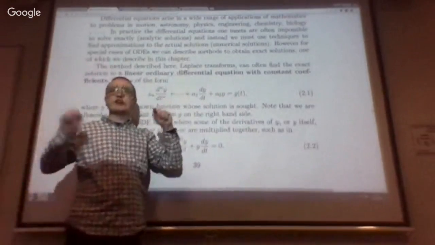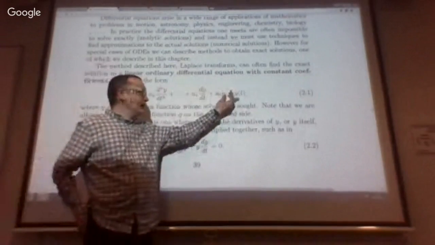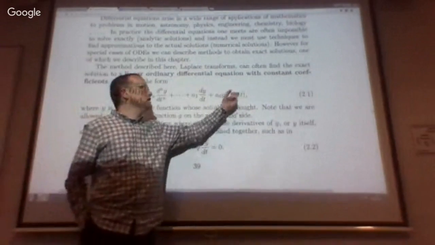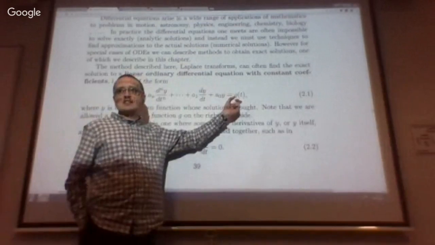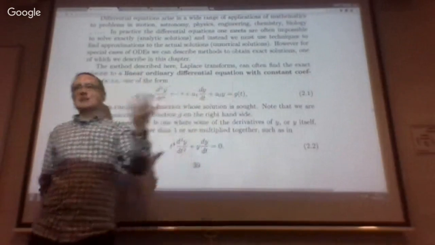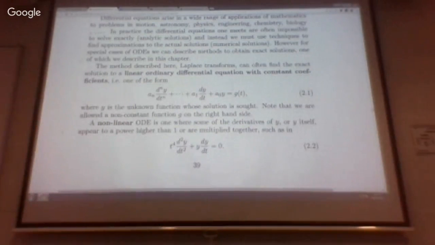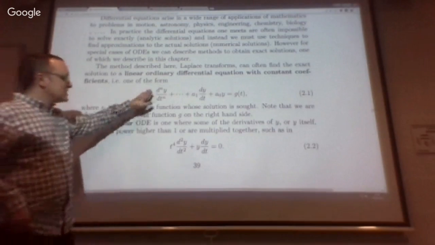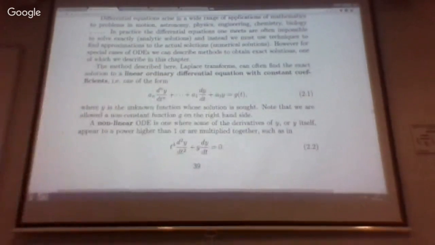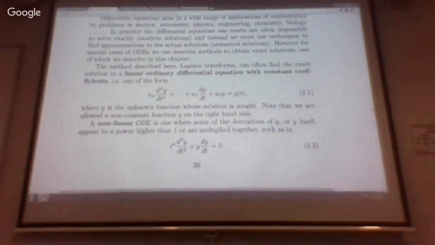In our setup, that is allowed to be certain types of function of t, so it can depend on the independent variable t. Objects like this are the ones we're going to be solving, and we're going to be solving them with this device or concept called the Laplace transform.